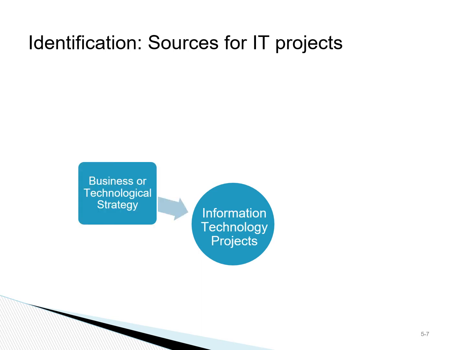The business or technology strategy can be a source, and for example, if a health organization decides that providing telehealth is a key strategic business and IT strategy, then that overall strategy identifies the IT projects that would be needed for the health organization to move to provide a wide array of telehealth services.